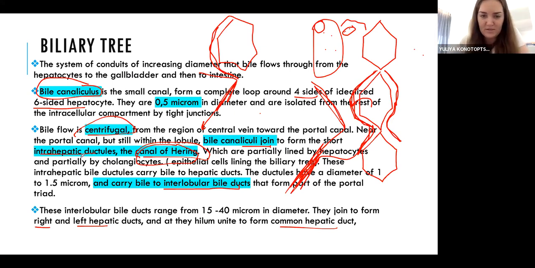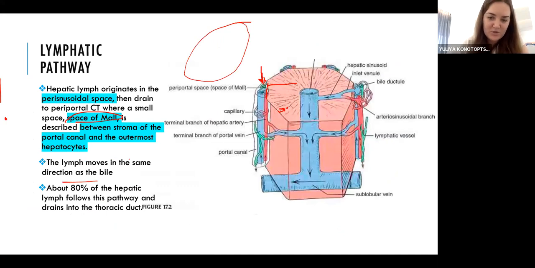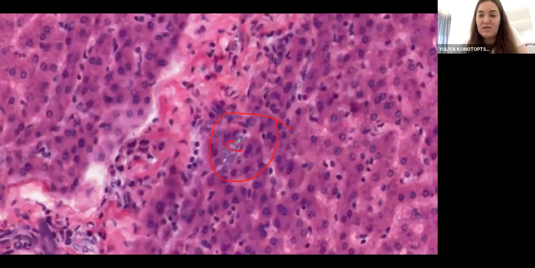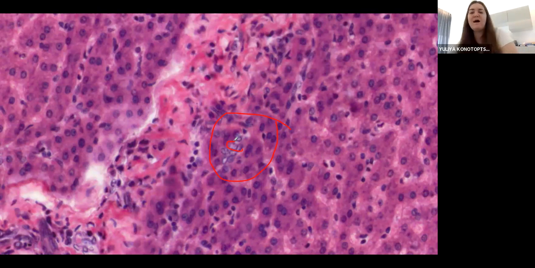It's intrahepatic. We call it canal of Herring. This canal of Herring will eventually lead you to the interlobular bile ducts, which are here, in the portal canal itself, right? So this one that you can see here, it's not much, but that's how it looks, okay? So this is your canal of Herring. It's like bile duct cells, which are located in the parenchyma of the liver itself, right?